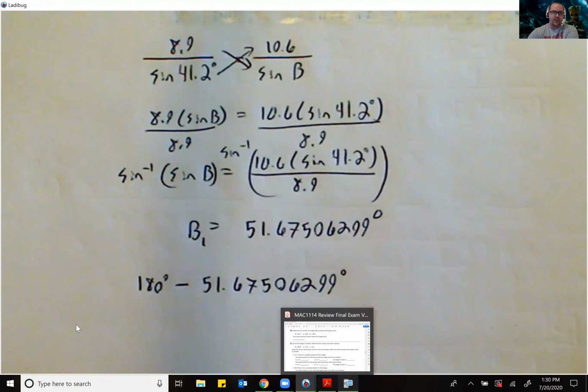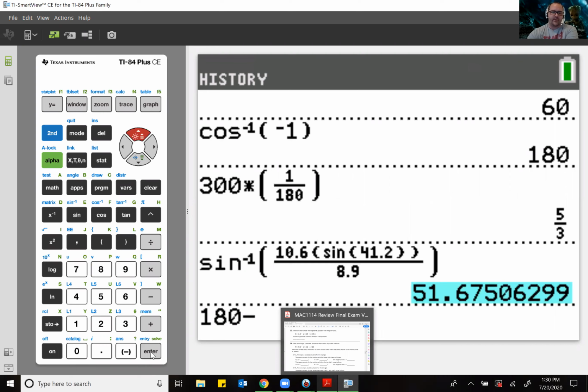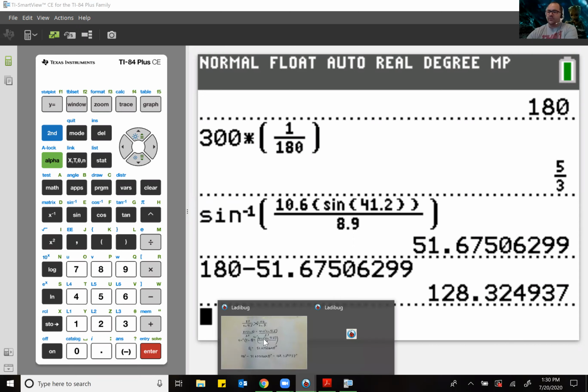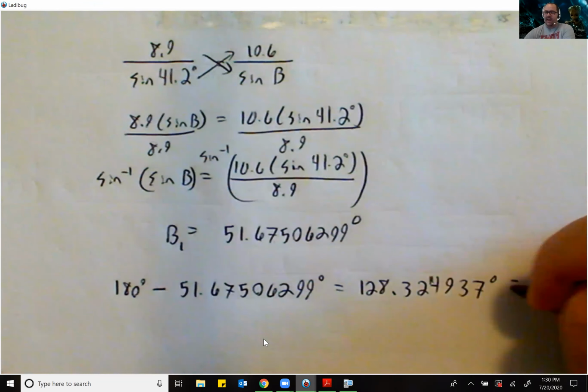We're going to take 180 minus, I'm going to scroll up, grab my number, hit enter, and we get 128.324937 degrees. Okay? So what this means is this is possibly what the second angle will be.